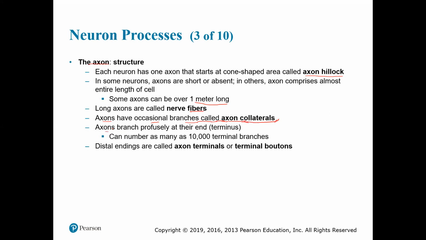So axons branch at the end, and that's where you get the axon terminals, or terminal boutons. I like axon terminal better for learning, because that's basically what it is. But sometimes I like another term for the axon terminal. Remember this in muscle, called the synaptic end bulb.